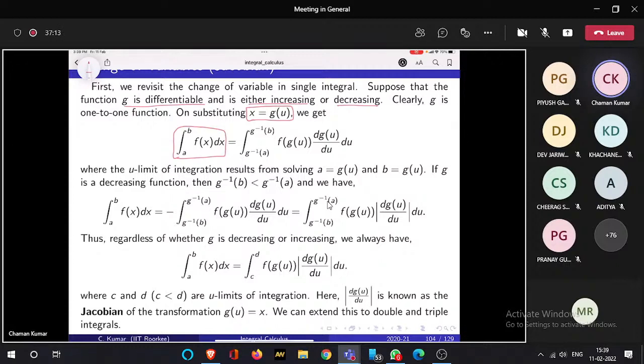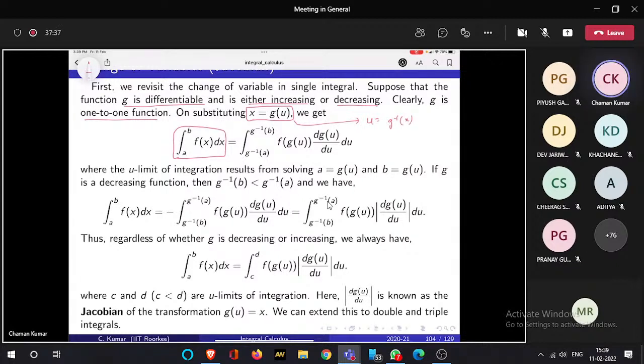That means if the function is increasing or decreasing, the function is one to one, or it is invertible. All right. So we can solve this because the function is invertible, by saying that u is equal to, let's say, the inverse of g x.